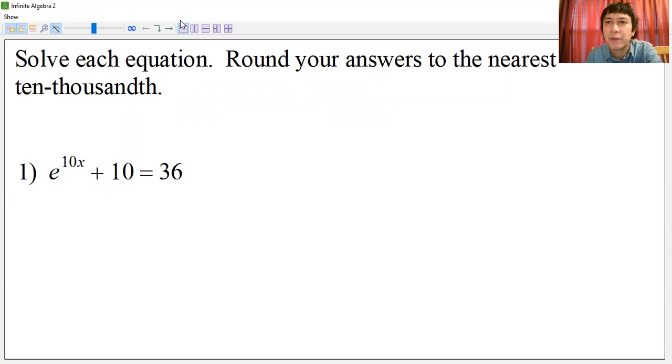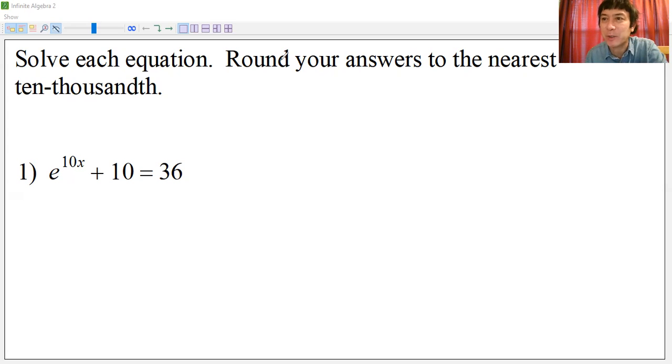And here's the first question. Solve each equation, round your answers to the nearest ten-thousandth. That means 4 numbers after the decimal point. Now, to explain the base e: the letter e that you see there, we're not solving for e there.